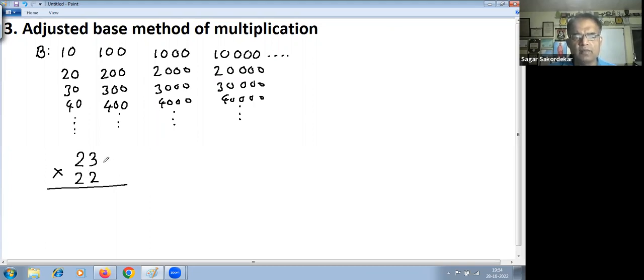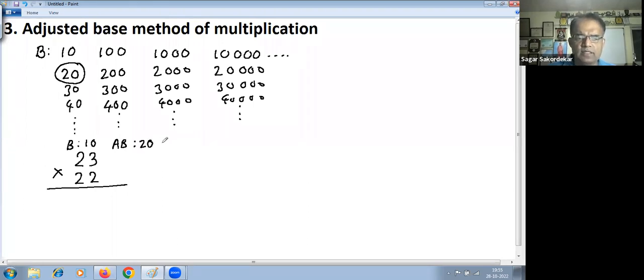In the normal base method, it has to be near to 10 or 100 or 1000. But if you note carefully here, both numbers are very near to 20, which is a multiple of 10. So the main base will remain 10, whereas for the adjusted base, instead of 10 we will take 20.